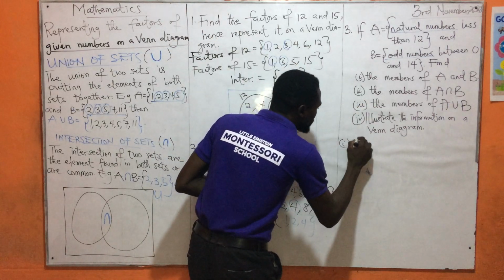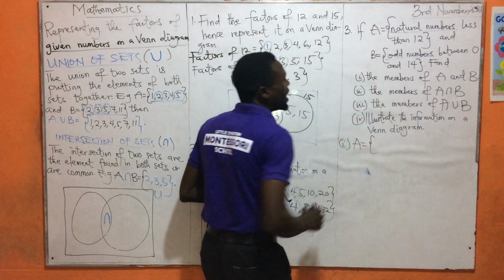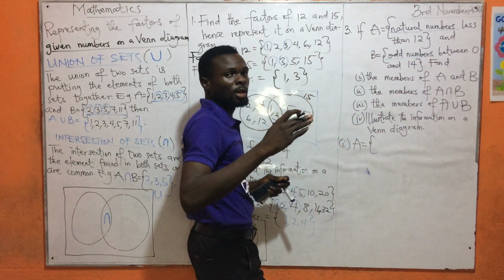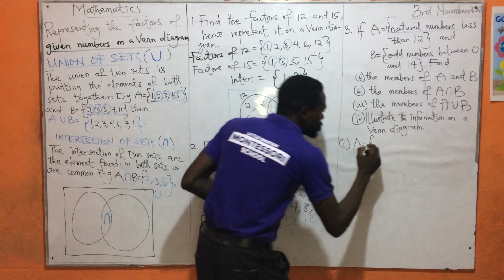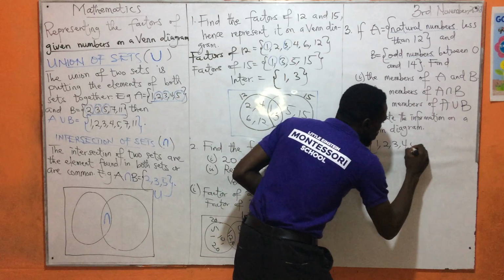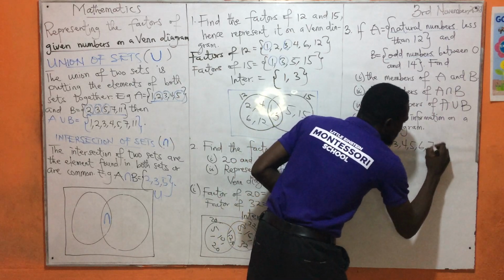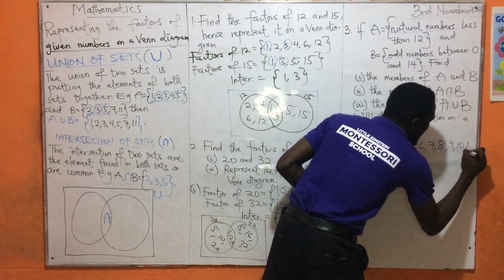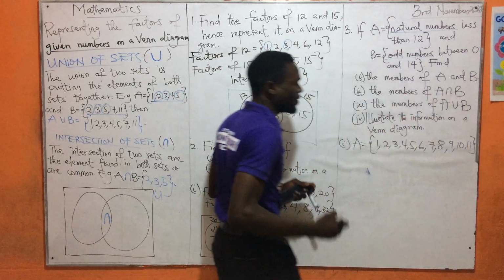So if I want the set A, natural numbers less than 12, starting from 1 to 11, we have 1, 2, 3, 4, 5, 6, 7, 8, 9, 10, and 11.